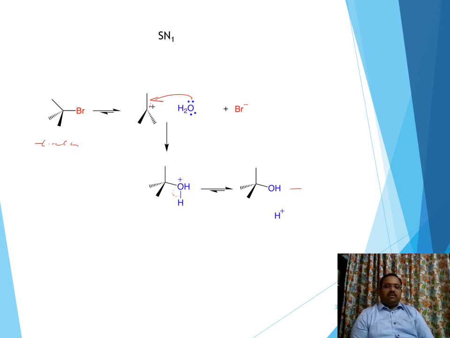This carbocation is planar in nature, so there is a possibility of attack by the nucleophile, that is OH minus, from the front side of the carbocation or from the back side. It means you get in the product mixture both of these products, so you are getting a racemic mixture.